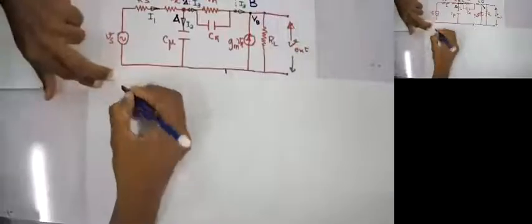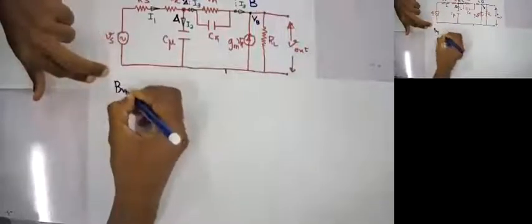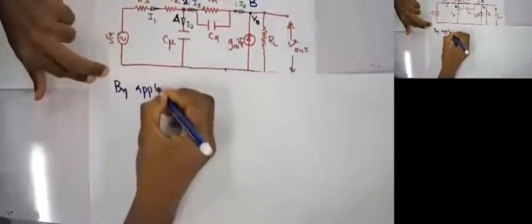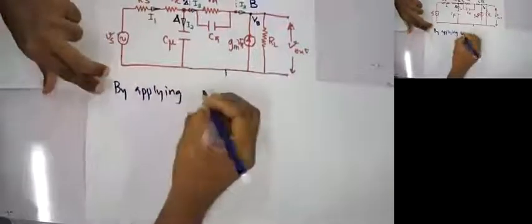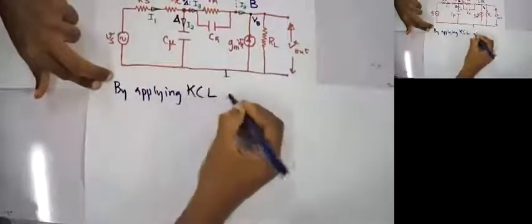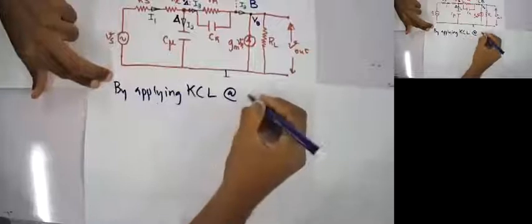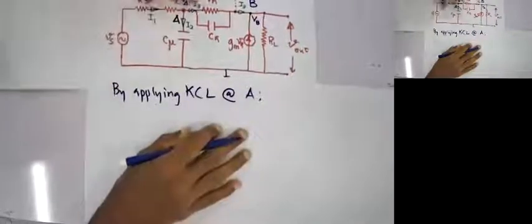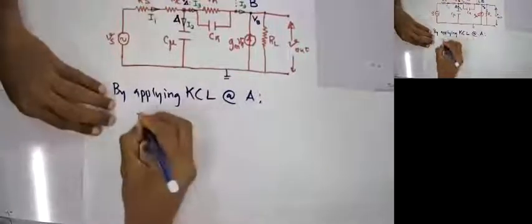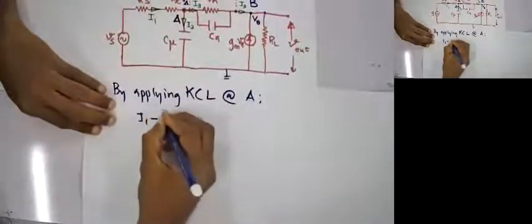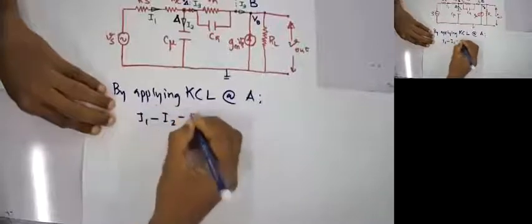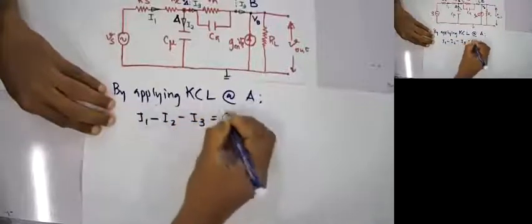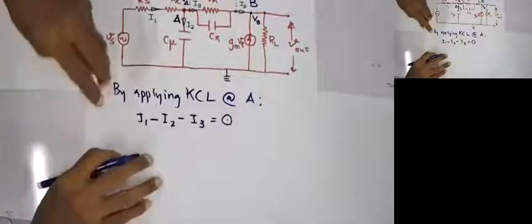By applying Kirchhoff's current law at point A, I would simply write I1 minus I2 minus I3 equals 0. Am I right? So what is my I1?